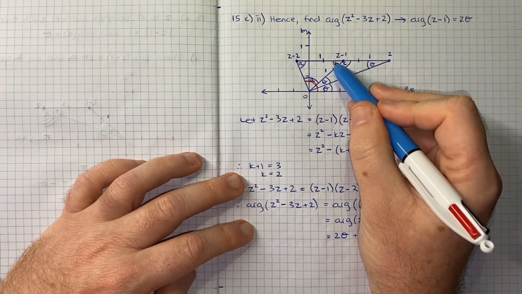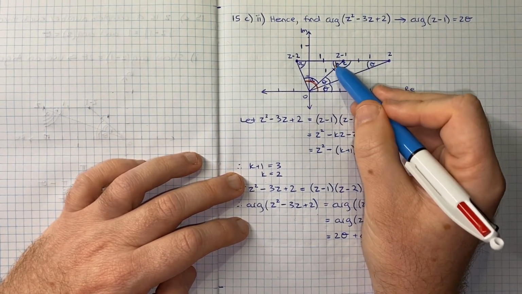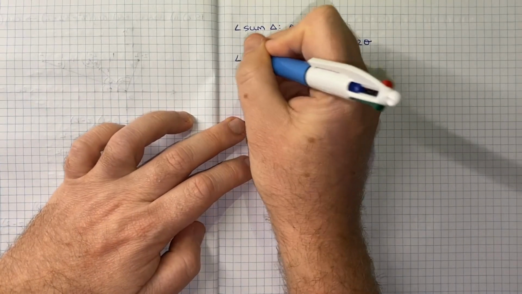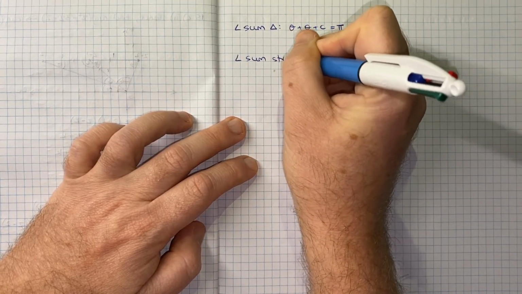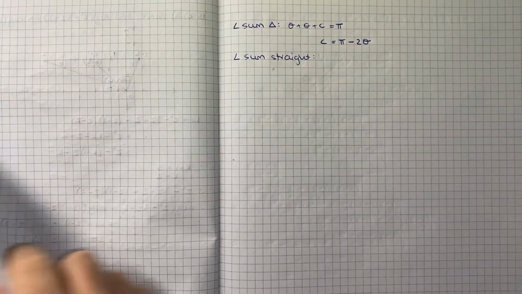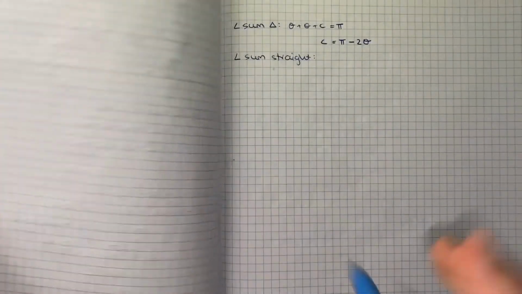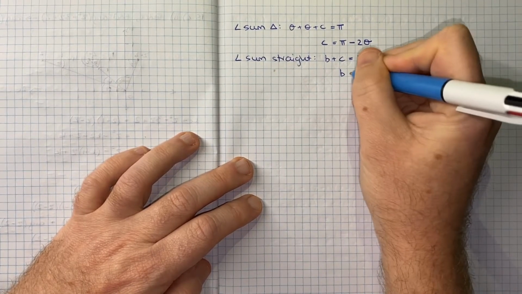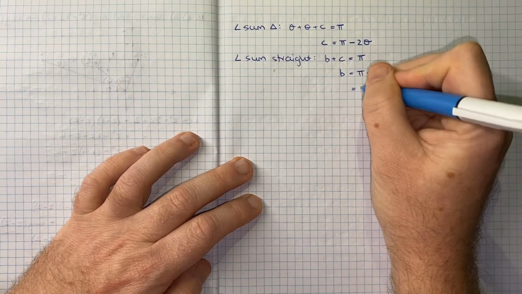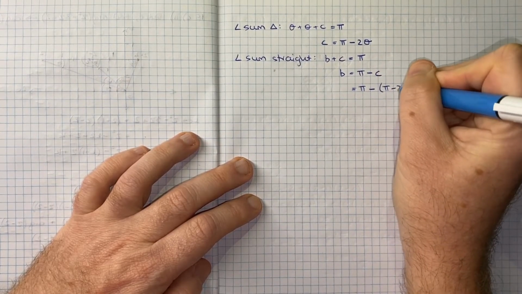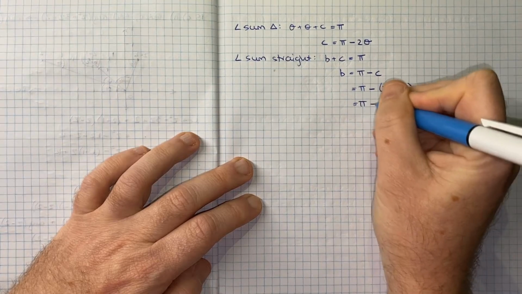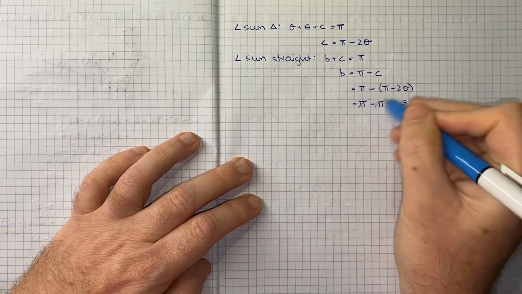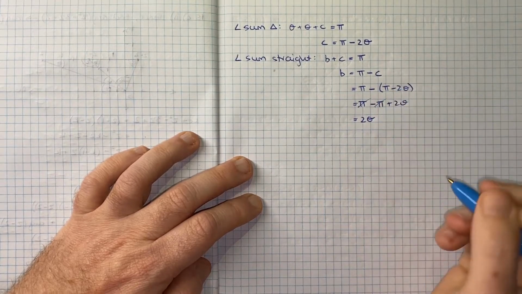So that's C. So now using that, we can say the angle sum of a straight line will be 180 degrees also, or pi. So B plus C is pi. So B is equal to pi minus C, which equals pi minus, in brackets, pi minus 2 theta, which equals pi minus pi plus 2 theta. So these disappear, and we end up with B just being 2 theta.